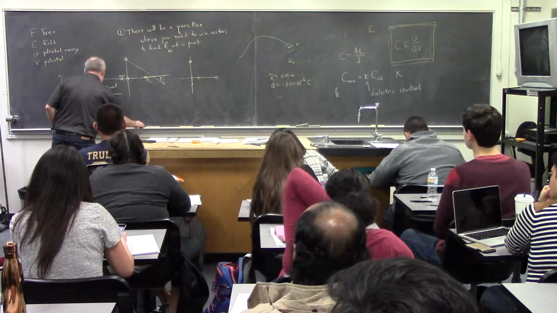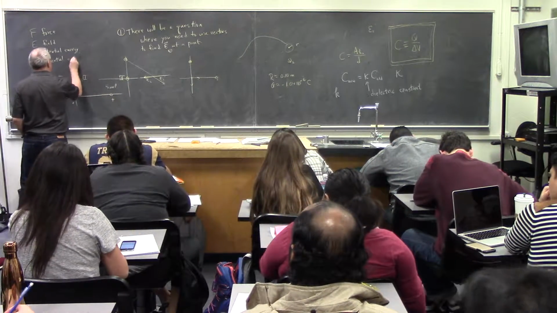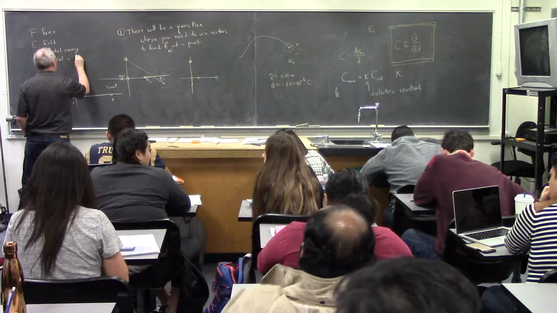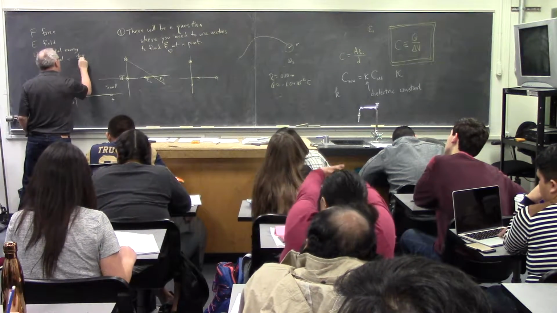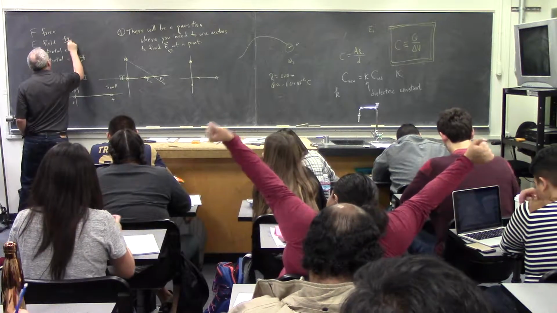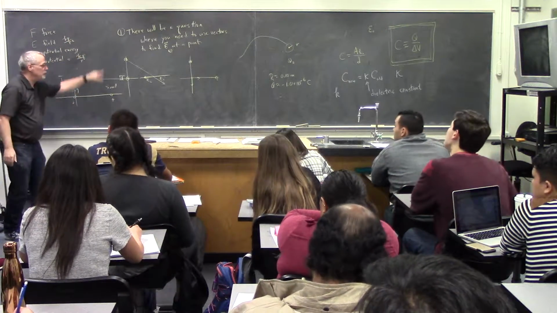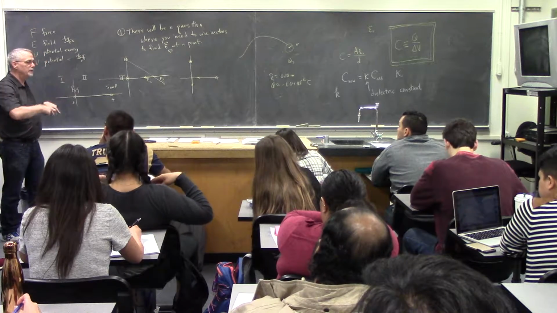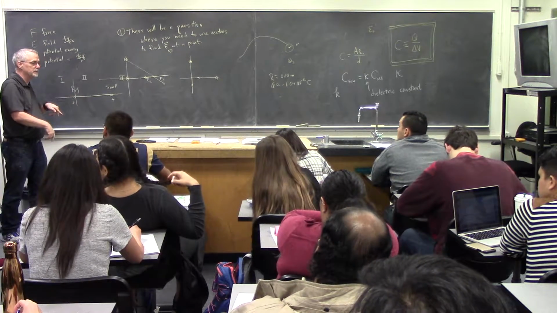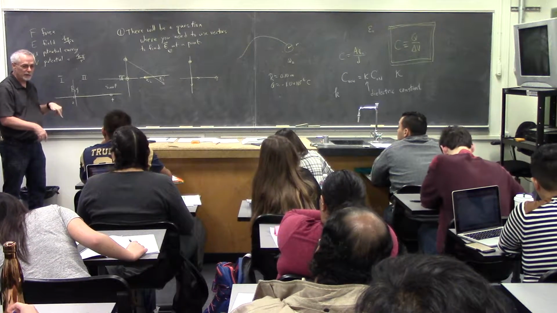Remember that in the expressions for V and E there's only one charge, which means that every location you look, you're going to have to add up the contributions from each charge that's in the system. Positive charge is positive potential, negative charge is negative potential.